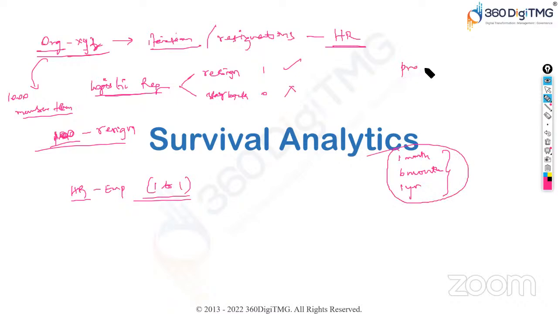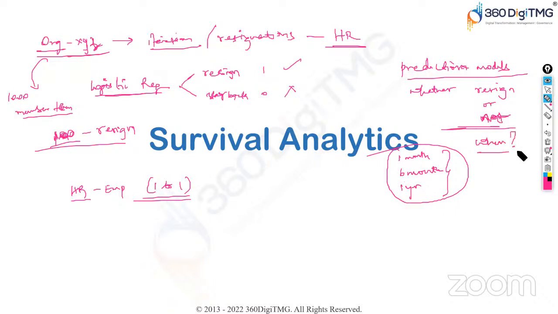So the prediction models will tell whether an employee is going to resign or not. But if, as an HR person, you can know when, that is going to help the HR personnel plan accordingly to counsel that employee.